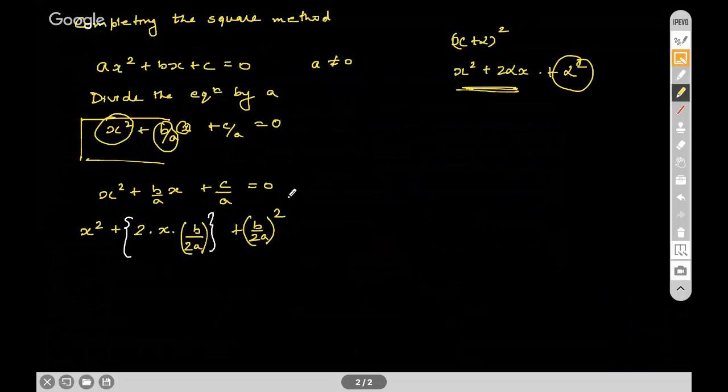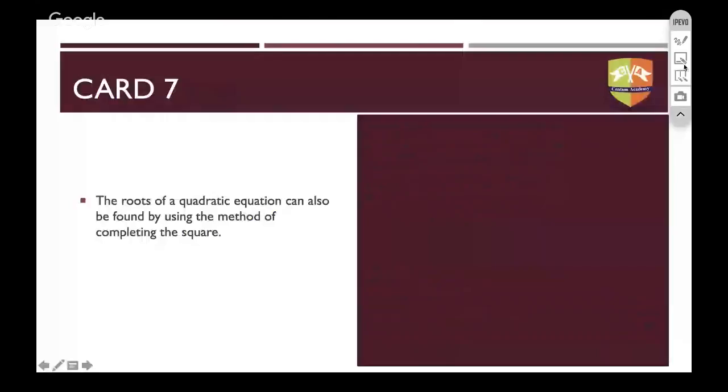But if I have added something extra to the equation, I can get back to the original equation by subtracting the same quantity, isn't it? This addition and subtraction nullifies the effect. And then finally, I can add c by a, which was already there. Now, why did I do that? You can clearly see a pattern here.